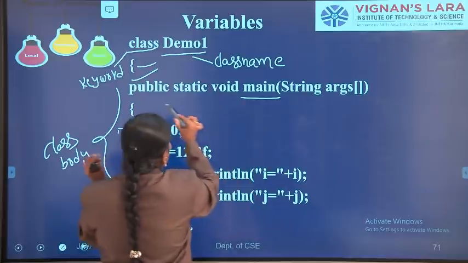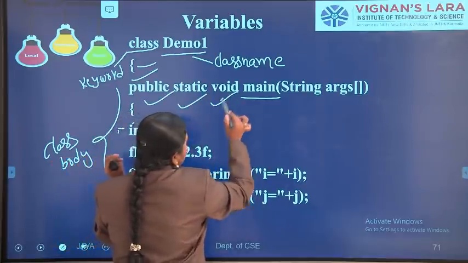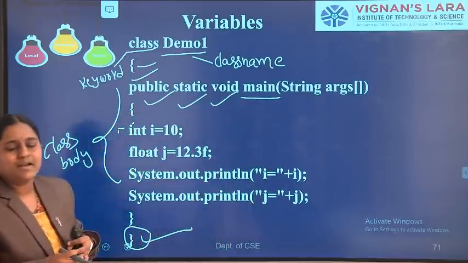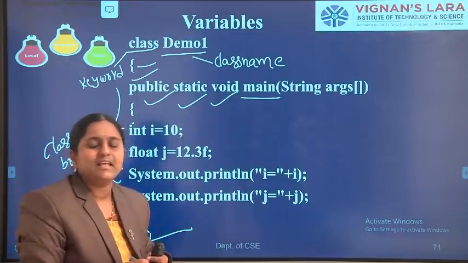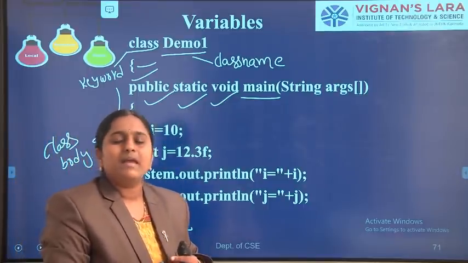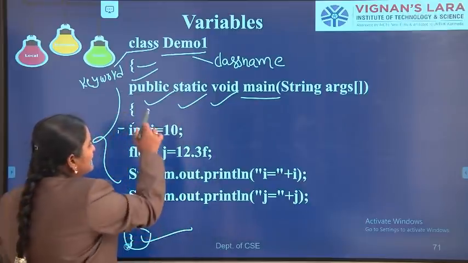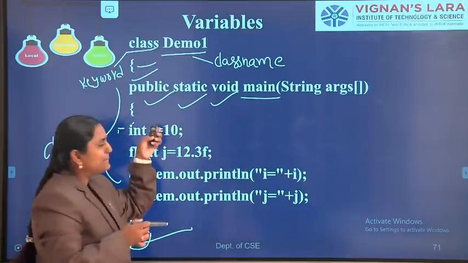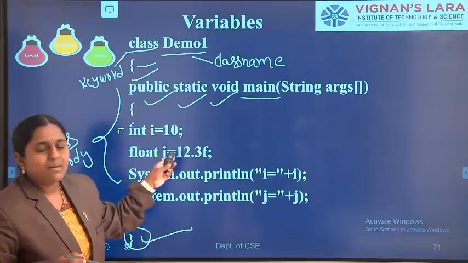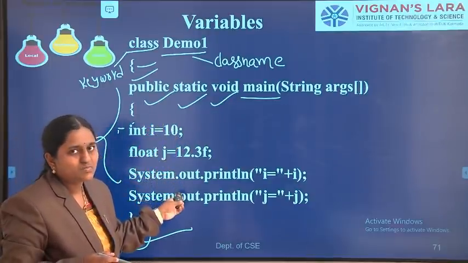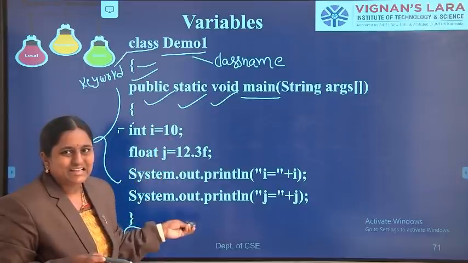In Java, the main method contains three keywords: public, static, void. I already explained the importance of these three keywords, and why the Java main method contains them. Here public is the access specifier. Static is the keyword.